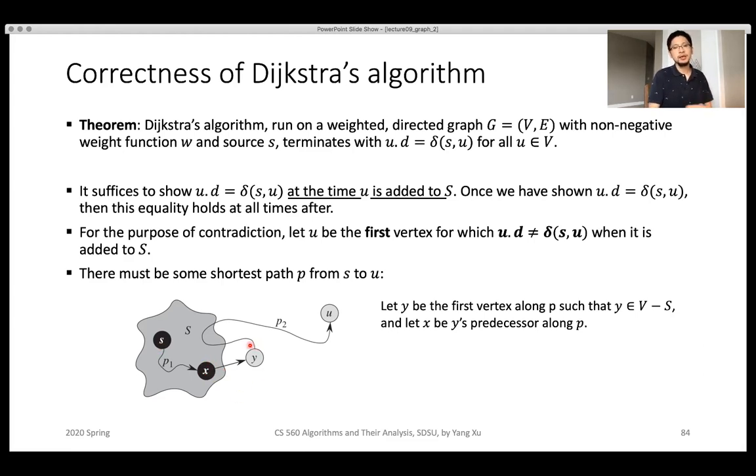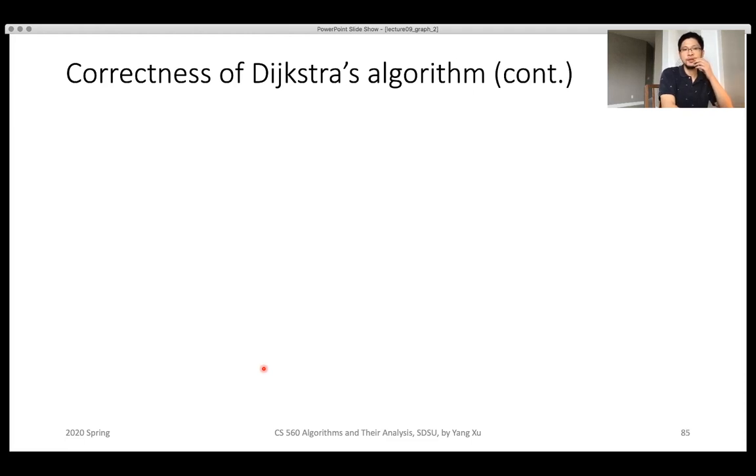So we decompose the shortest path from S to U into three parts: the first part is the path from S to X, which we call P1, the second part is the path from Y to U, which is P2, and another direct edge that connects X and Y. That's the decomposition so far.